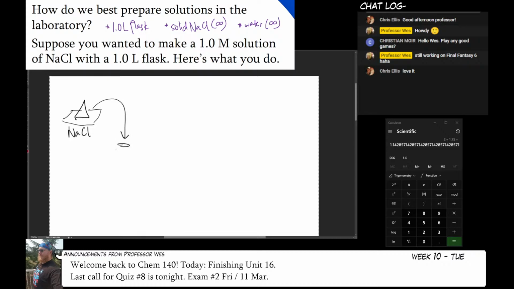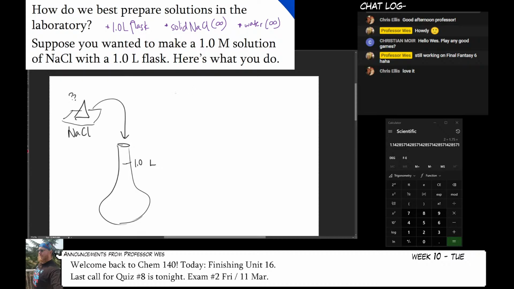We're going to put this in a flask with volume 1 liter. I only get 2 sig figs for that, but that's okay. So how much do I weigh out?